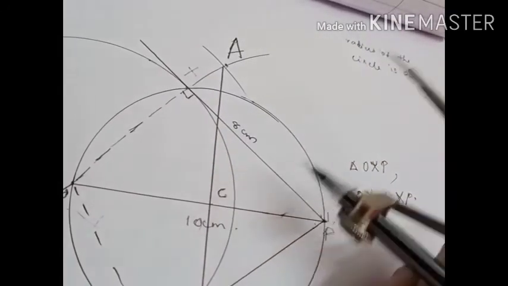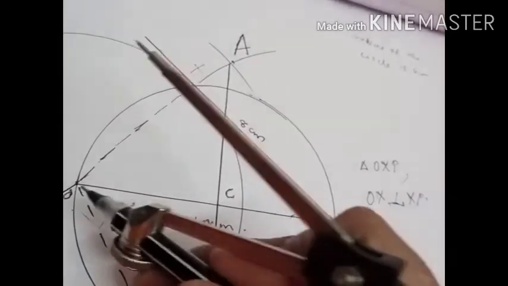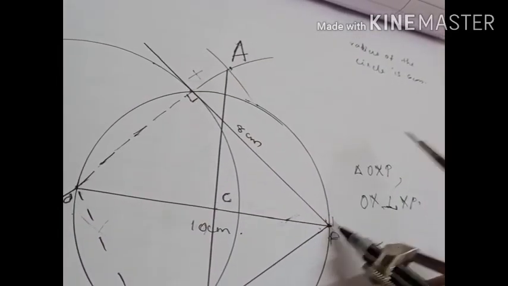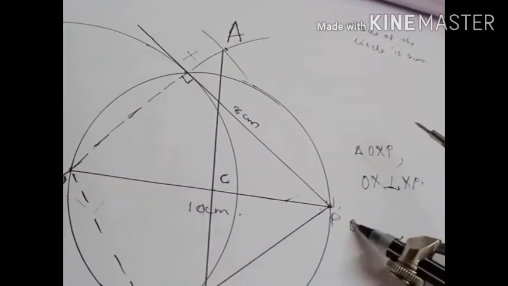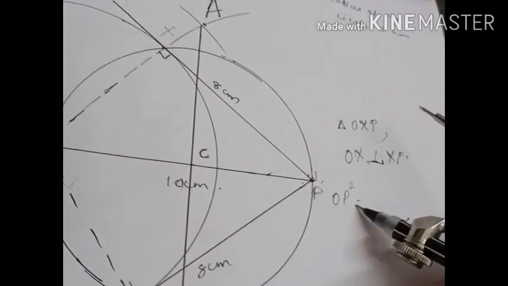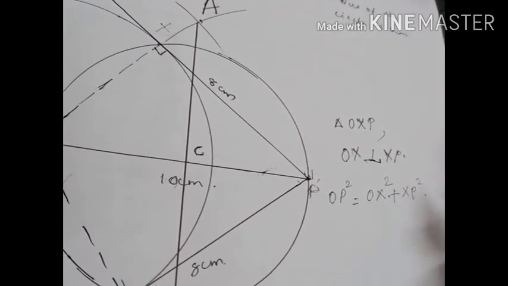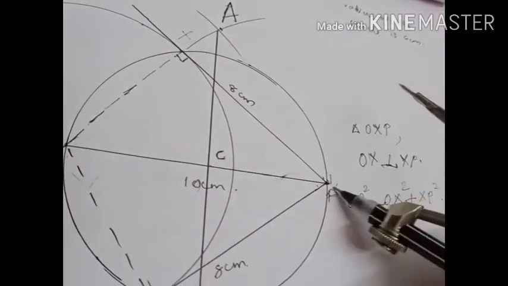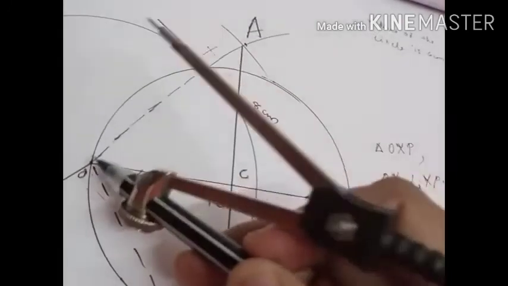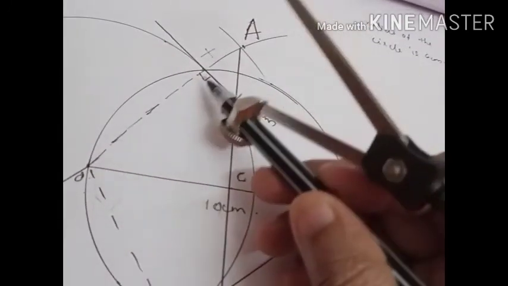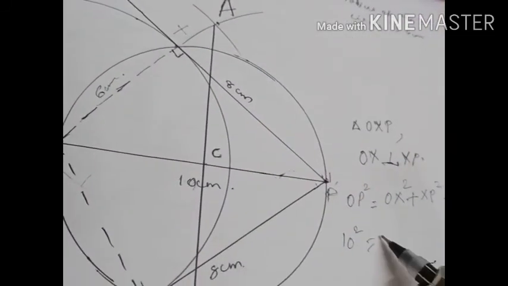So we can use the Pythagoras theorem. When we use the Pythagoras theorem, what will we get? Hypotenuse square equals base square plus altitude square. So here we can write OP square equals OX square plus XP square. Here we know OP. What is OP? 10. So 10 square equals, what is OX? O to X is also the radius, so that is 6 centimeter.